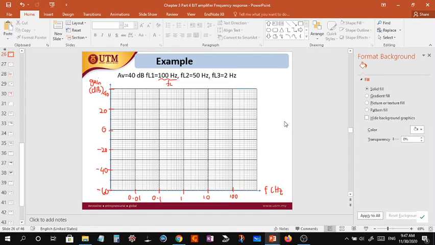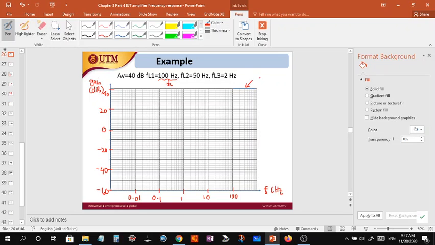So this is the line of the midband. So the midband is until FL1. So below FL1, one capacitor will appear. So the roll off is, for F less than FL1, minus 20 dB per decade.